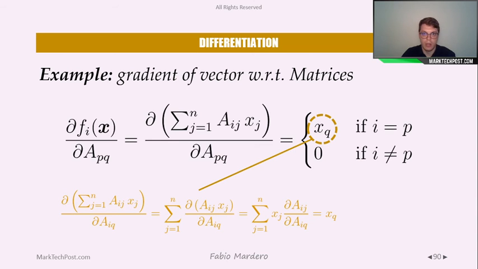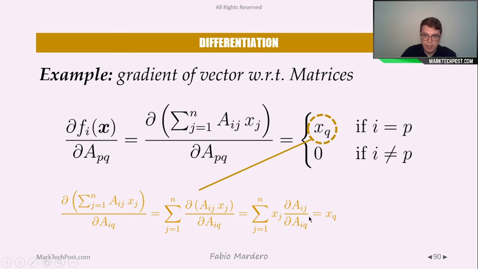Remembering the scalar differentiation rule, the scalar term goes out of the derivative. Now we have the derivative of one element with respect to another in the sum.